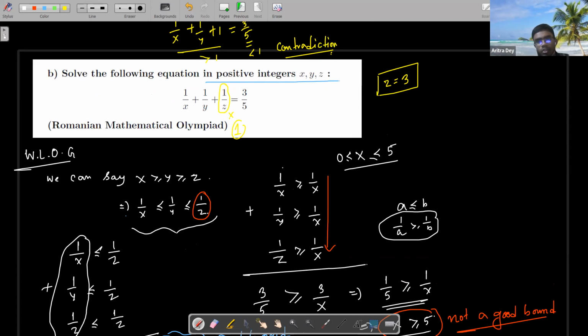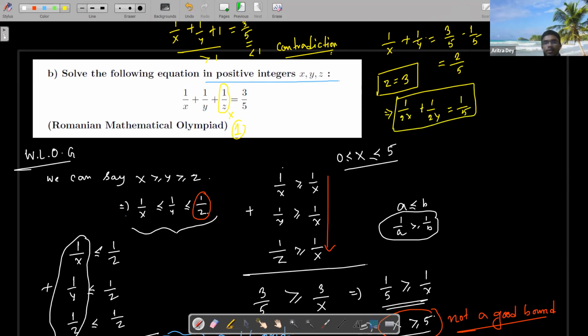If I take z equal to 3, then observe that I get a particular Diophantine equation in two variables. 3 by 5 minus 1 by 3, that is basically 2 by 15. And I hope from here everyone can conclude that 1 by x plus 1 by y equals 1 by n, and this is a very special type of equation.